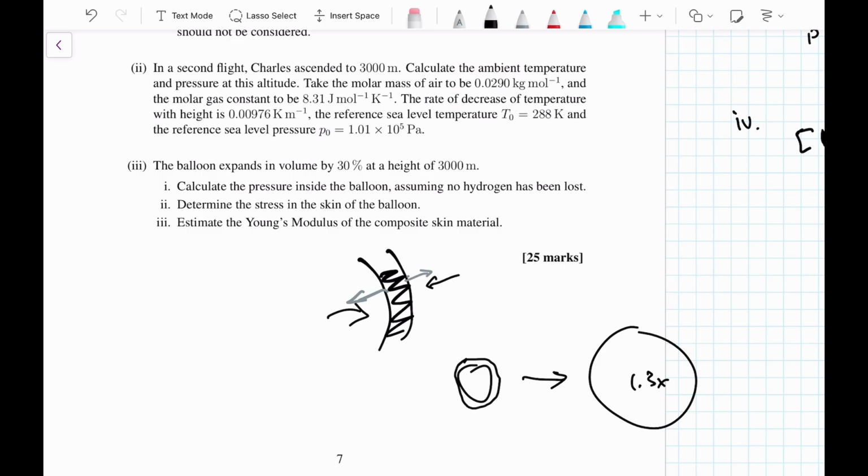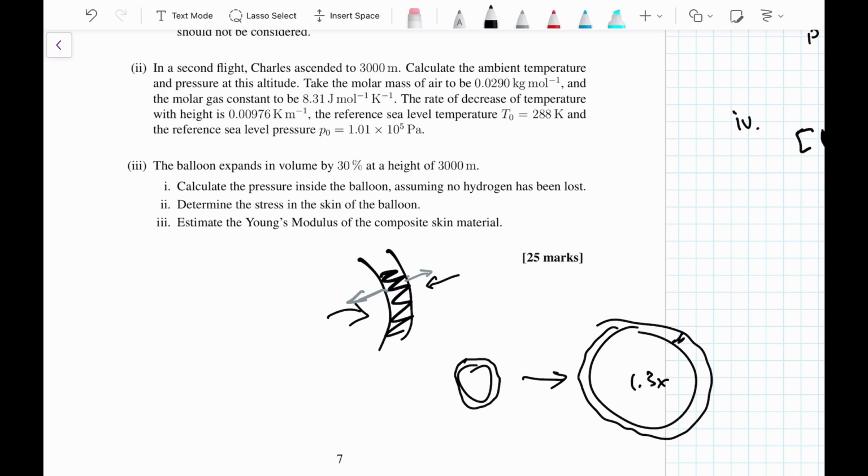It's like a hollow sphere, and then when it expands, the volume will stay the same. However, the thickness will decrease. So I think we can calculate the decrease of the thickness, and then we divide it by the initial thickness. Okay, so how do we approach this?